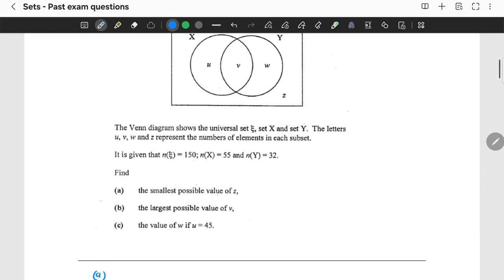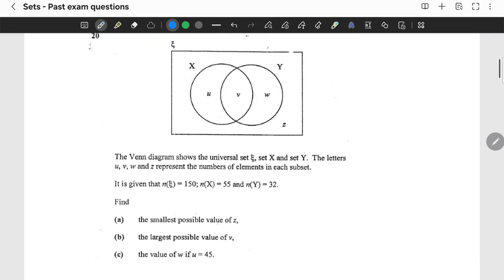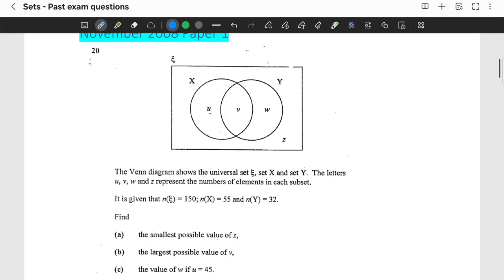Because when we look at this, they're saying if u is 45, we know the whole of x is 55 that we were given. So that means that v will be equal to 10.